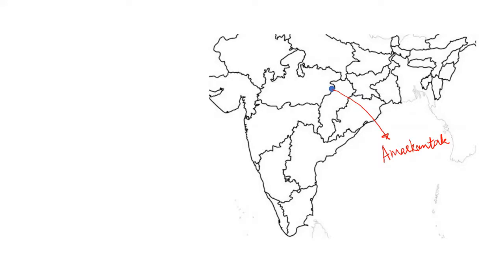The Narmada River, as we all know, runs westward. So Amarkantak has, let us forget about Johila, it's a small river, but two very important rivers, Narmada and Son.